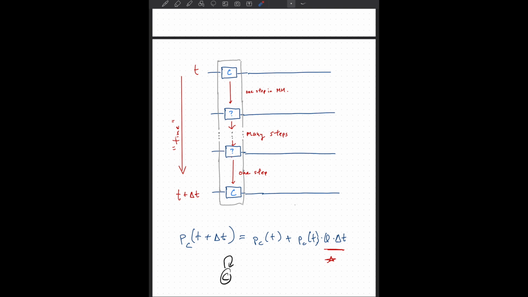I want the probability that I do end up in state C. And so the claim is that this is equal to the probability that I'm in state C at time t, plus the probability that I'm in state C at time t times this magic matrix, this rate matrix Q, times delta t.